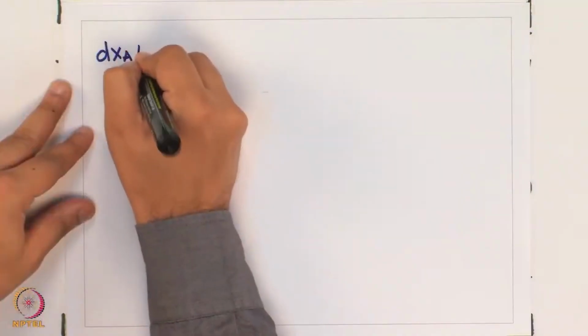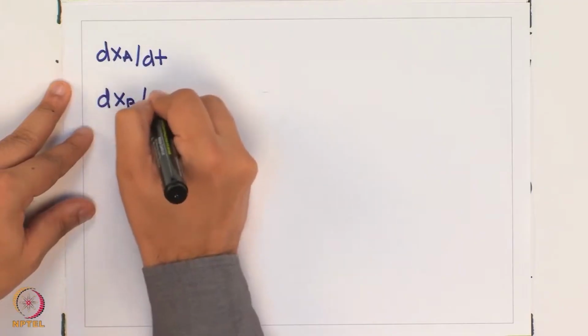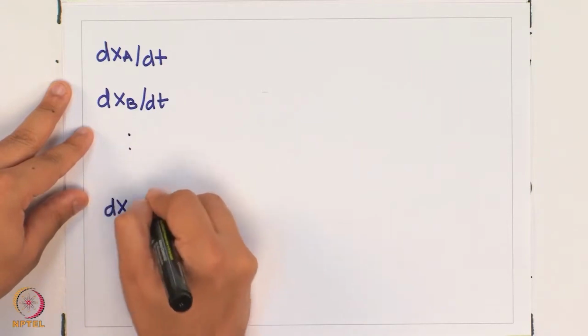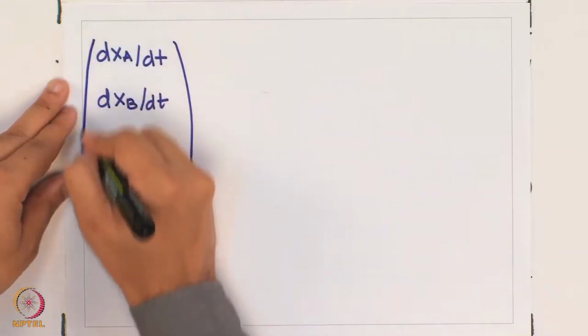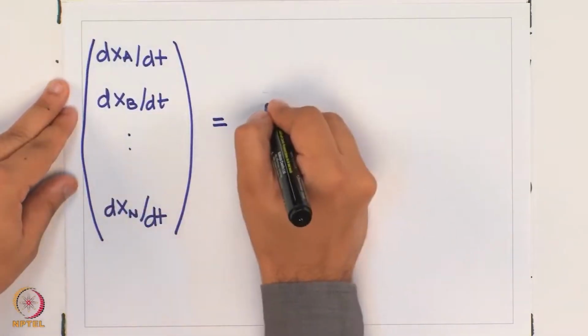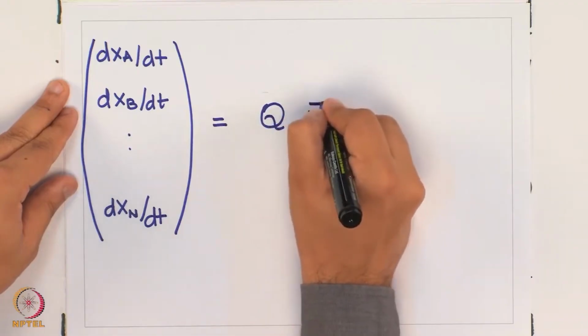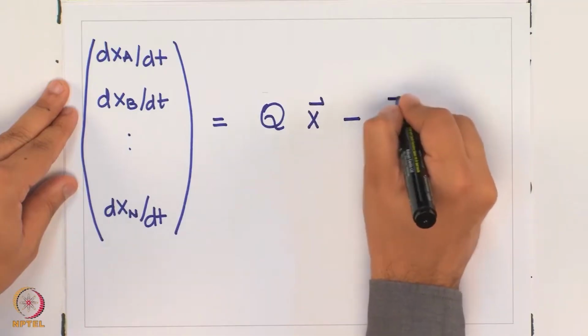What this means is our system reduces to the following equation: dxa by dt, dxb by dt, going all the way up to dxn by dt equals Q, which is the mutation matrix, times vector x minus phi, which is just 1, times vector x.